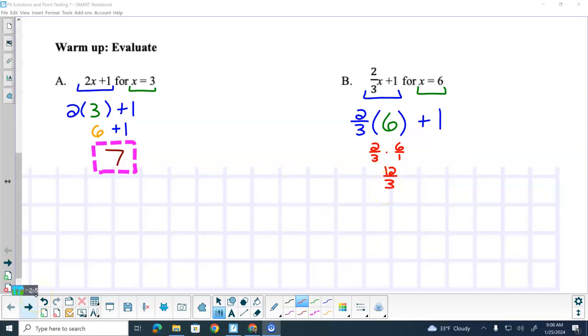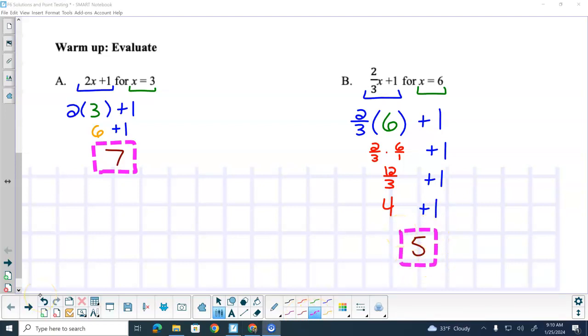And 12 divided by 3 is 4. Okay? So then we got 4, and all this is always going to be plus 1. And 4 plus 1 is 5. So the answer there is 5.